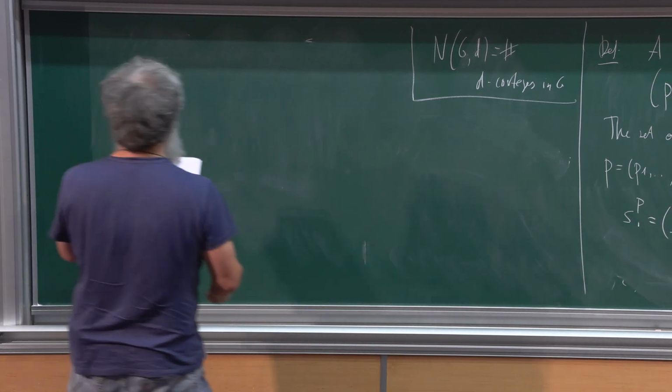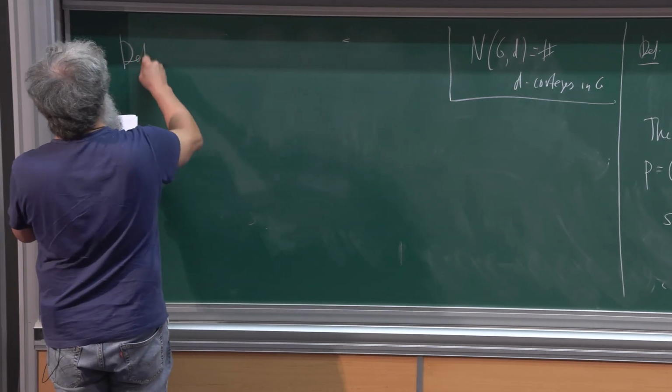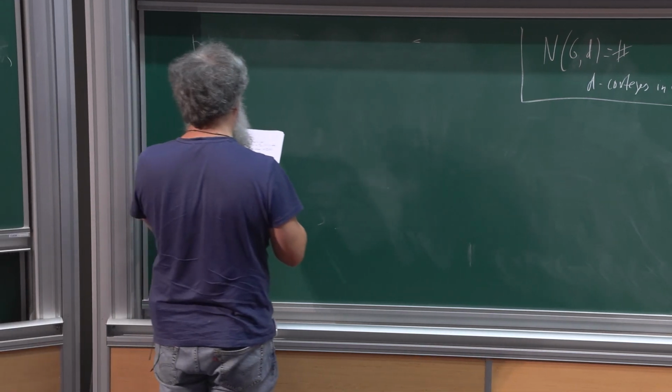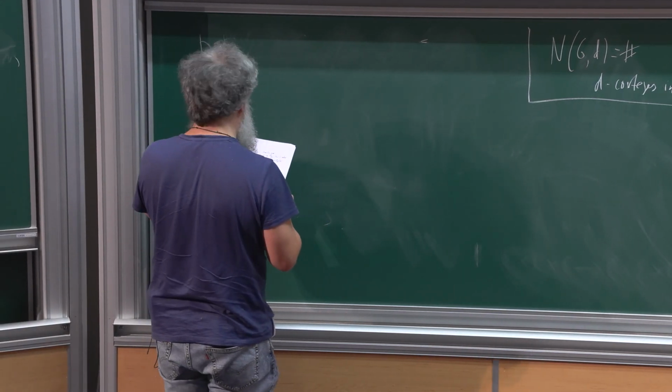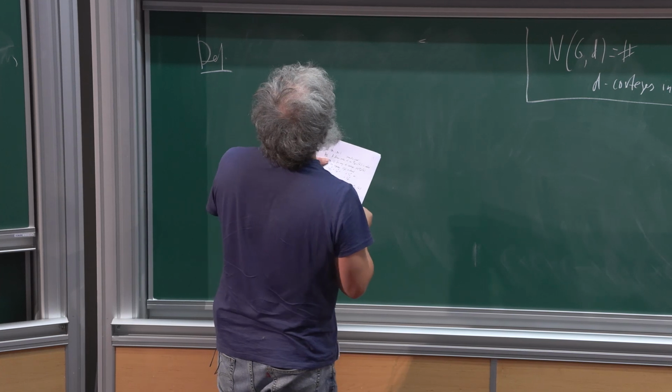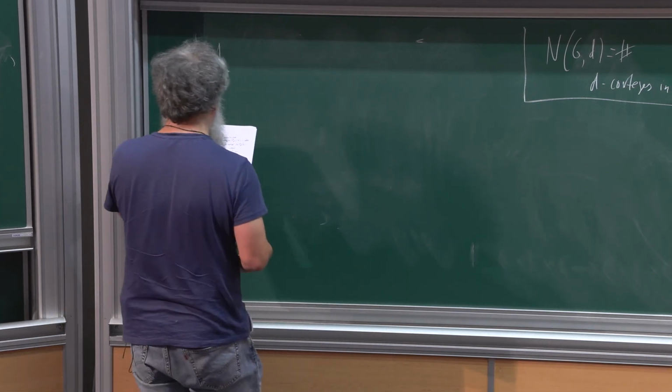Now we define a convex order on Pd minus 1 of G. Okay, I will check later.